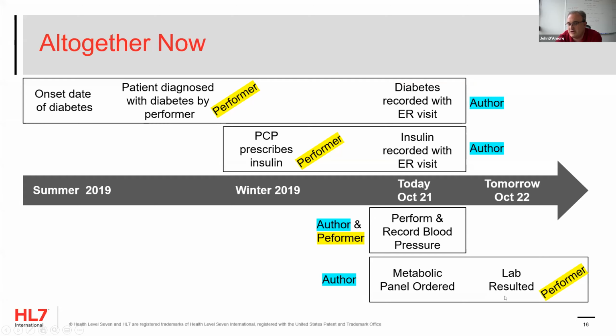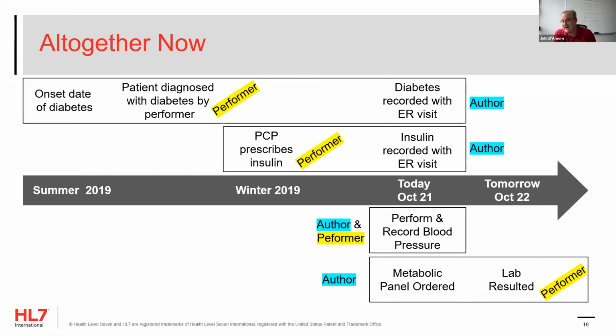So there's been a lot of focus on authors. But if you look at the time series, there's an interesting role that would be applied across multiple domains for performers, which is that performers are a way to say who did this, and it's a little bit less mutable, or I want to say it's immutable, but it's a little bit less mutable. Whoever performed the surgery is there forever. Whoever performed the vital sign is there forever.